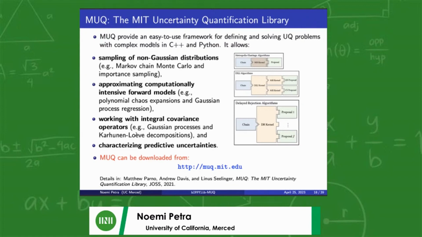MUQ also offers more than that, and you can use it as a separate tool, of course, or extend things. The nice thing is that it's open source software, so you can contribute and use it however you need for your application. It allows you to approximate forward models; we have polynomial chaos expansion and Gaussian process regression. You can use MUQ to work with Gaussian processes and so on and so forth.